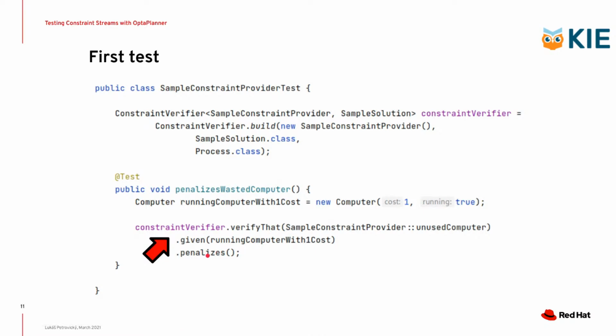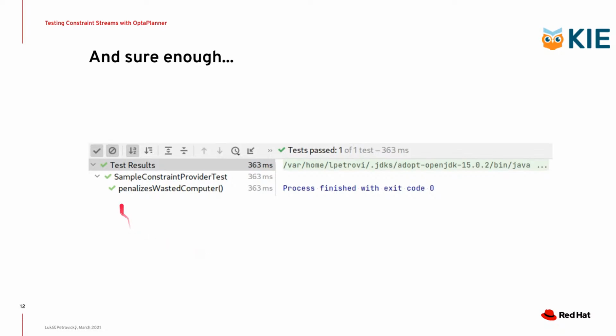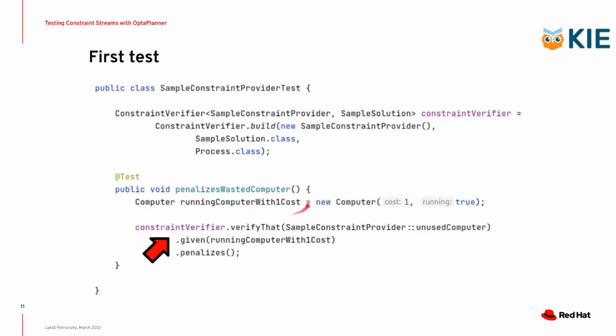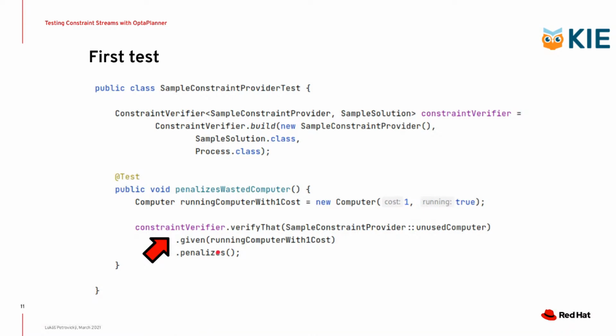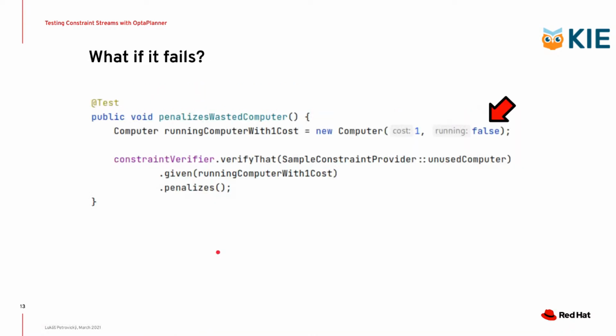So if we run this test, sure enough, we get a green check mark, because indeed the running computer has no processes, and therefore the test should pass, because the constraint will penalize that one computer. So now, what happens when it fails?